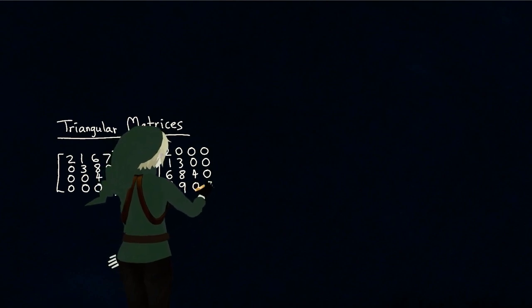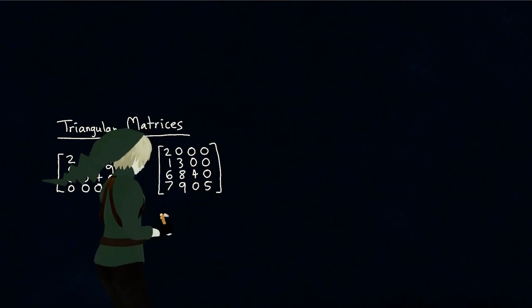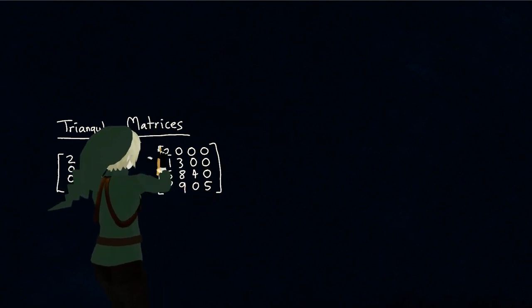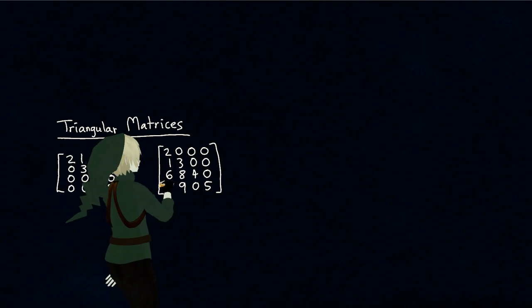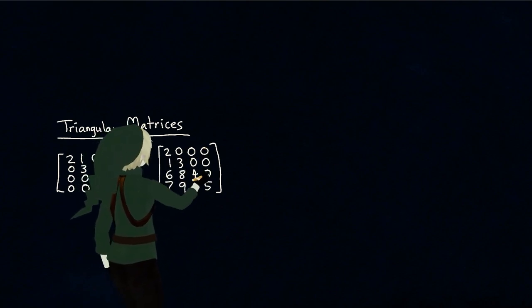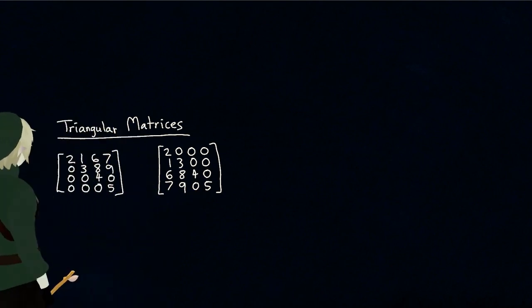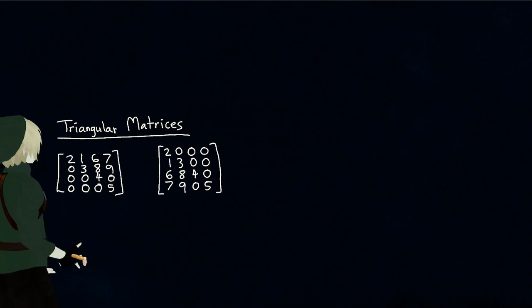I'm just going to put a 0 there, just for the random, to make it more realistic, so that you don't freak out. But it could be literally any numbers. It doesn't have to be non-zero. It could literally be anything, as long as we have a triangular portion of zeros here. So this is what we mean by a triangular matrix.